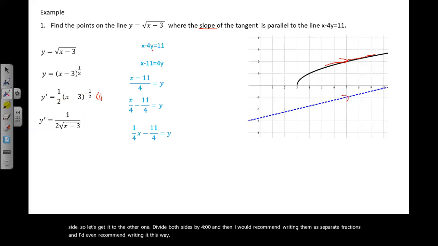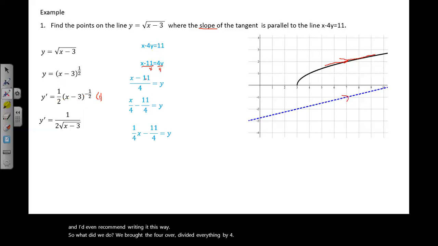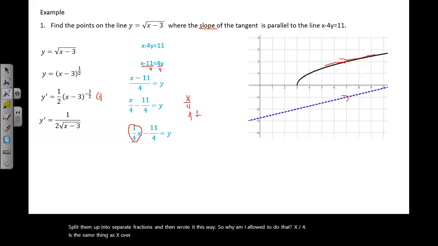So what did we do? We brought the 4 over, divided everything by 4, split them up into separate fractions, and then wrote it this way. So why am I allowed to do that? x over 4 is the same thing as x over 1 times 1 over 4. And why would we do that?